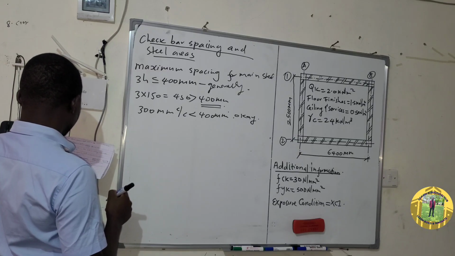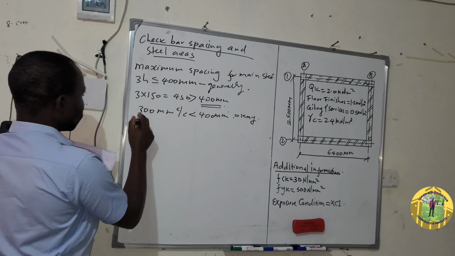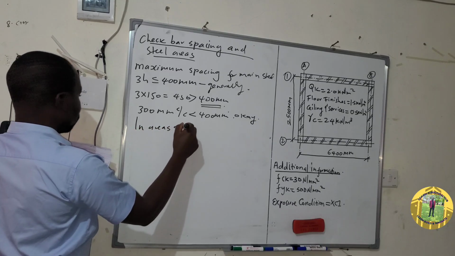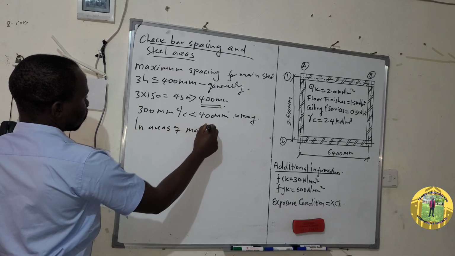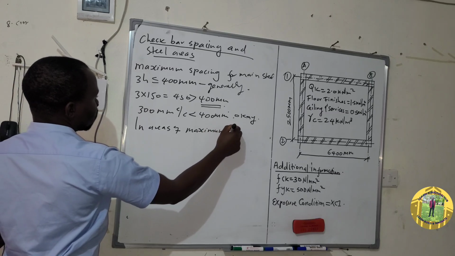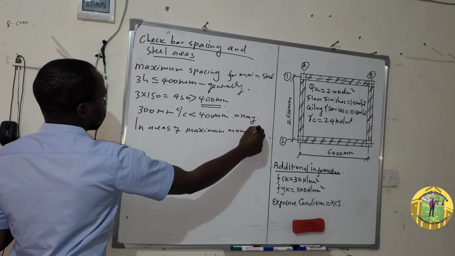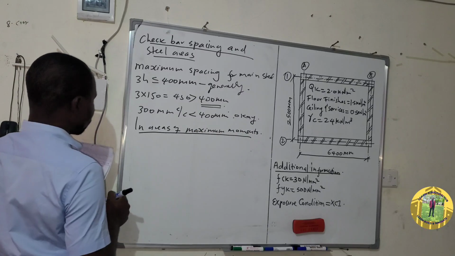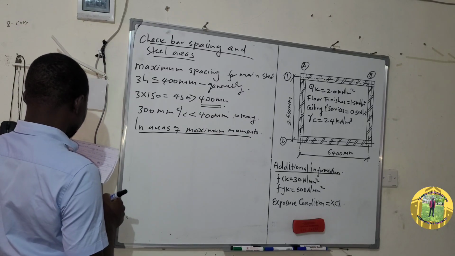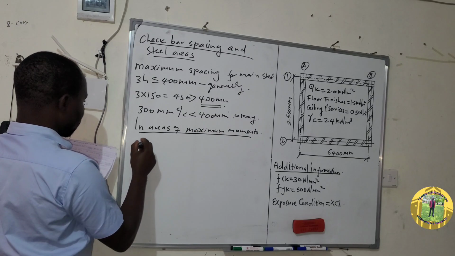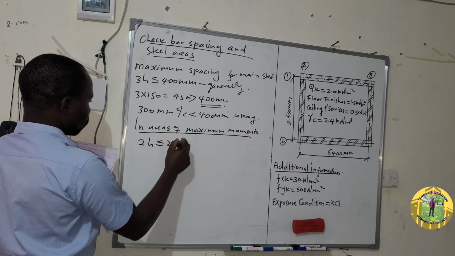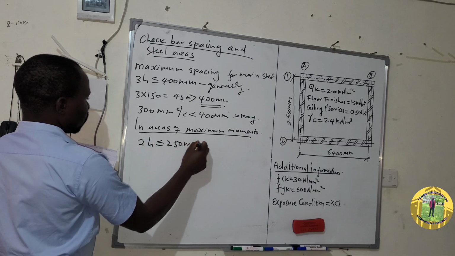And then we proceed to maximum spacing in areas of maximum moments. This parameter will apply: 2H must be less or equal to 250 millimeter.